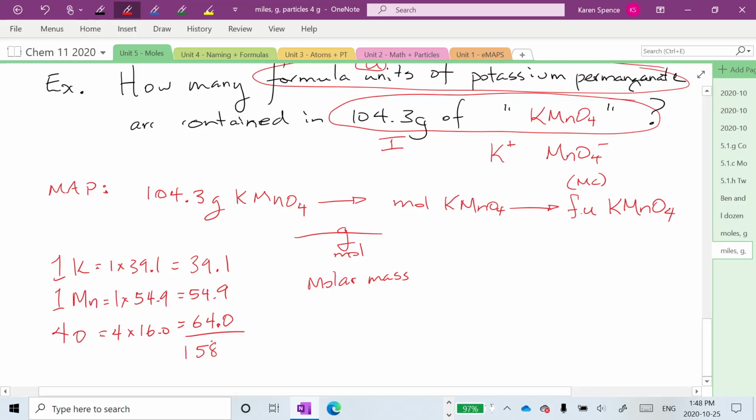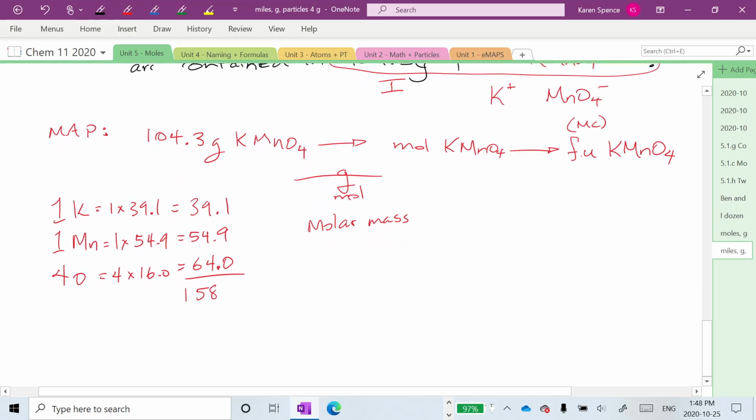64 plus 54.9 plus 39.1 is 158. Now, is it just 158? No, it's 158.0 molar mass. And what's the unit for molar mass? It's 158 grams of KMnO4 per mole of KMnO4.